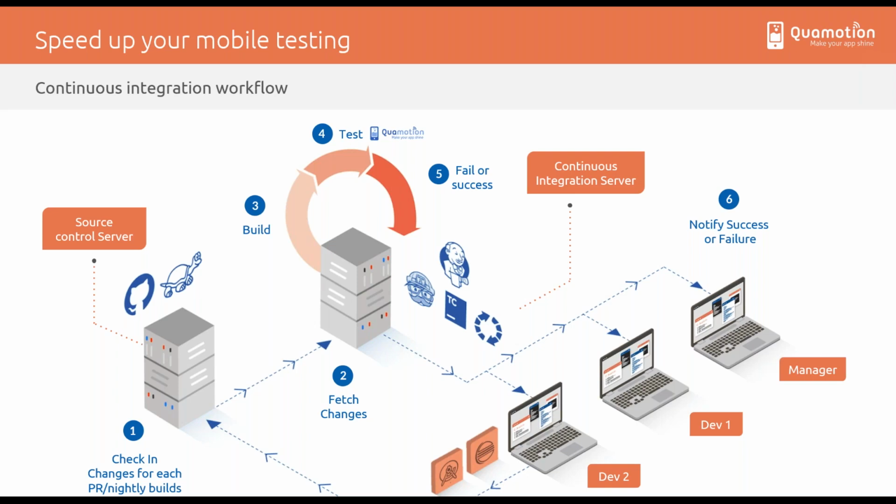It will build the application, and then the tests that have been created will be run on the Quamotion cloud, on Genymotion virtual devices or on physical devices. And after, when all these tests are finished, it will just report whether those tests failed or were successful.